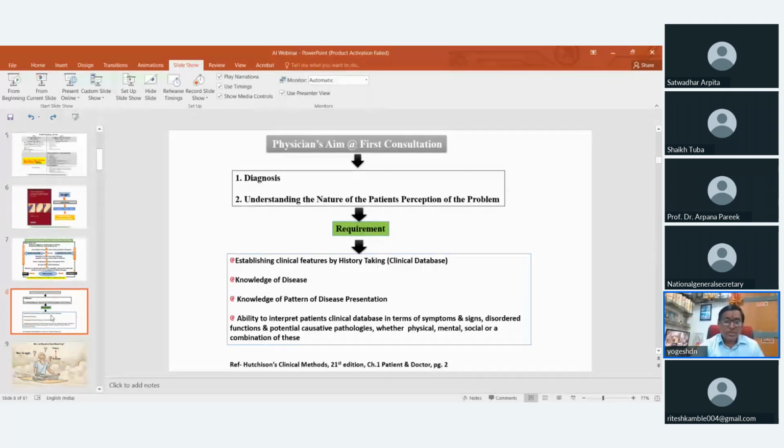Again, for establishing clinical features by history taking, that is one, knowledge of disease. Second is knowledge of pattern of disease presentation, how the disease has presented, how the disease has evolved, which are the symptoms that have come first, which is the second, third, fourth, how the evolution is taking place. Our master Hahnemann has also emphasized upon the pattern of disease presentation.